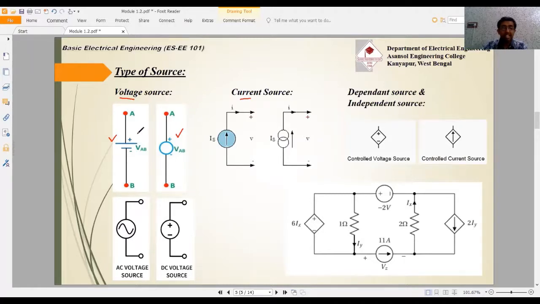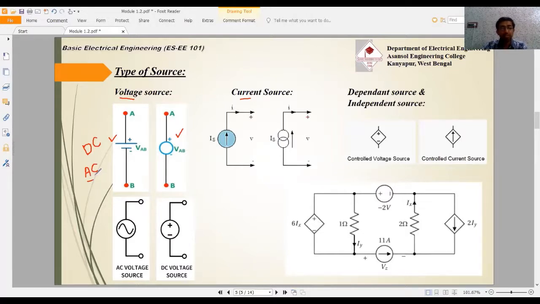Now this is the DC kind of source. There are two types of current, direct current and alternating current. What is direct current? Direct current means the current value is constant. But if the current value is alternating in nature, like sinusoidal, that kind of current is called alternating current.